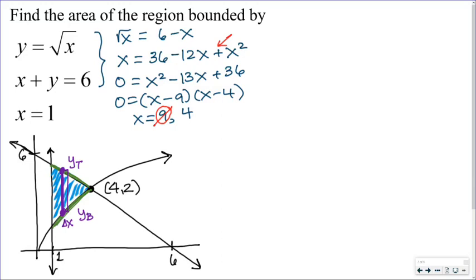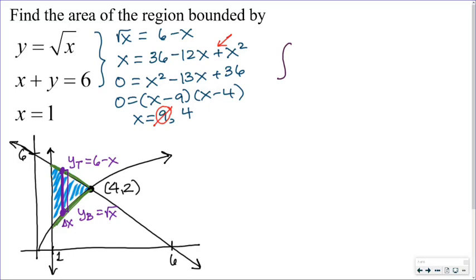Well, in this case, the height is the top y value minus the bottom y value. The top y value is the line. So the top y value is 6 minus x. And the bottom y value is the square root function, or the square root of x. So now I'm going to set up my integral. I have the integral from, well, since I'm integrating in terms of x, everything should be in terms of x. So what are the x values for my shaded area?